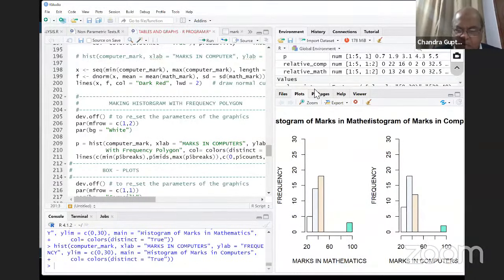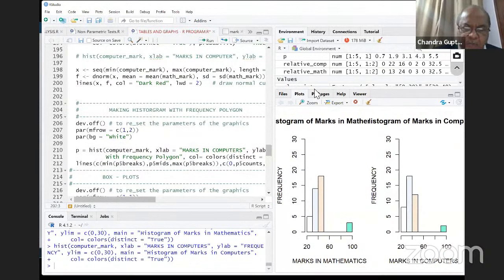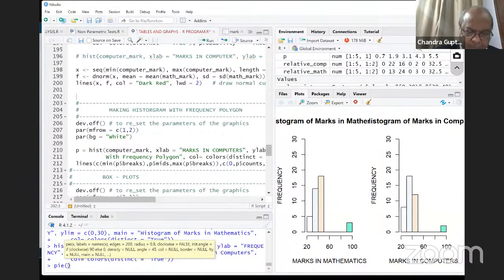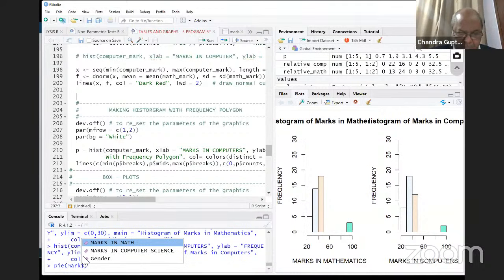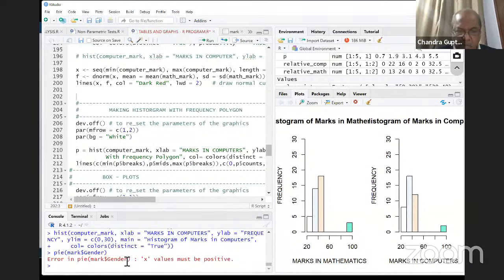I should show you. So for example, if I want to make a pie chart of gender, gender mark.